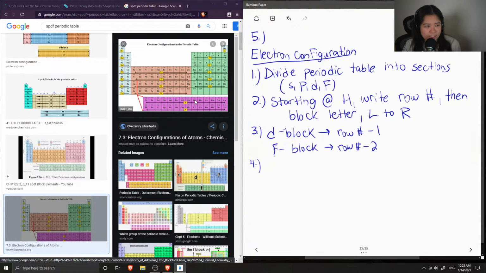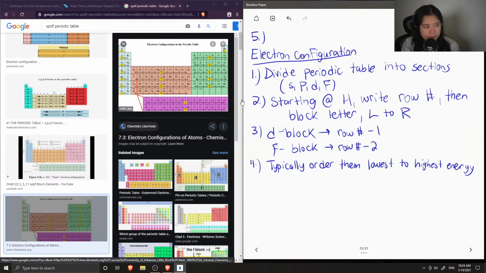And I'm just going to add a step 4. We typically order them from lowest to highest energy. So this basically applies when you get to your d block section.